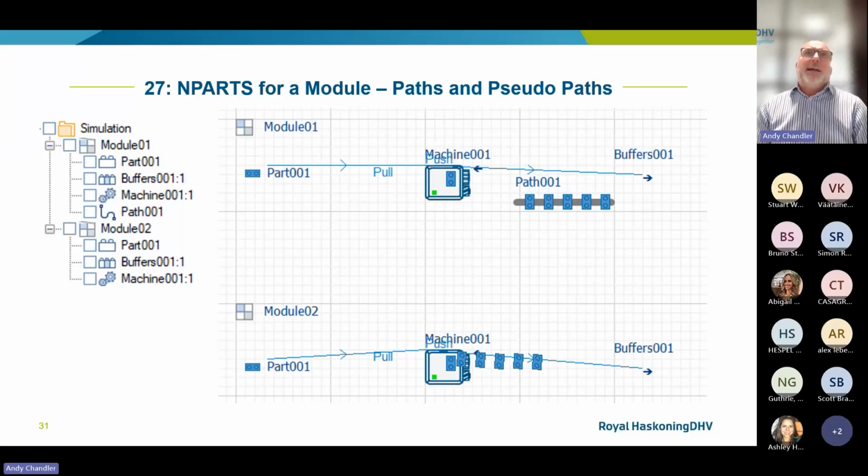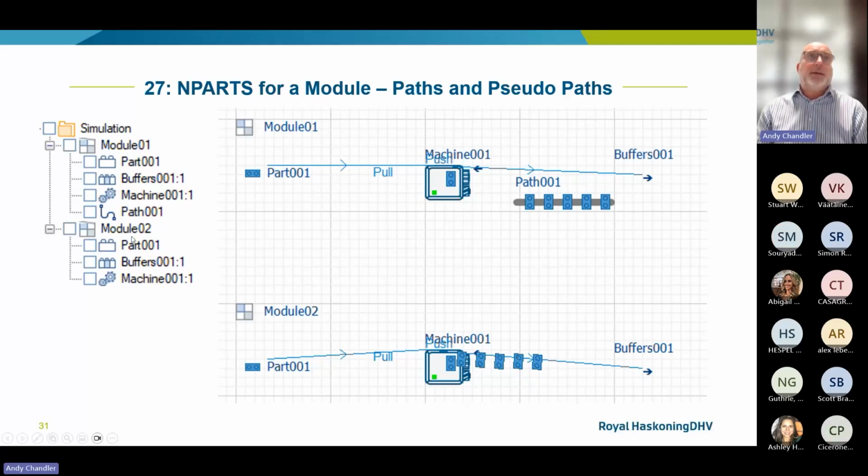We've added, again based on some customer feedback, functionality for end parts where it's applied to a module that contains either a defined path connecting two objects, so the child elements, or a pseudo path that's connecting them.